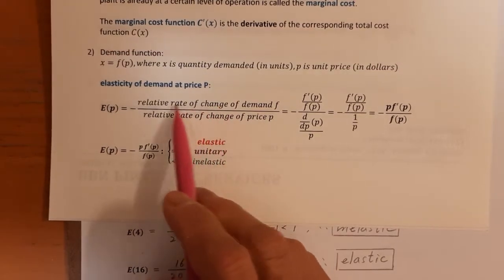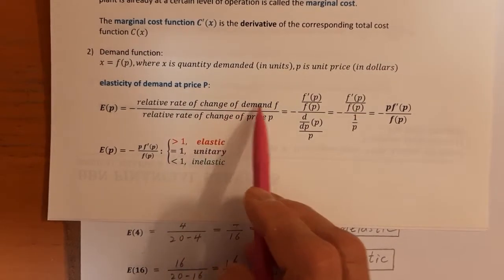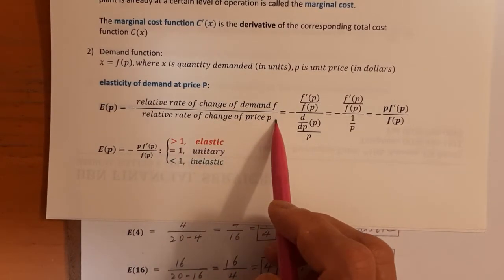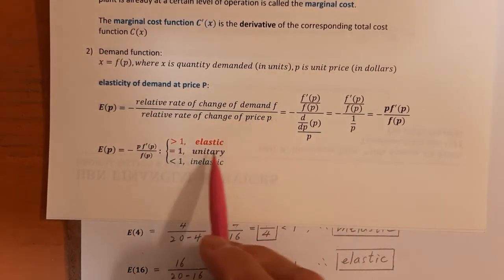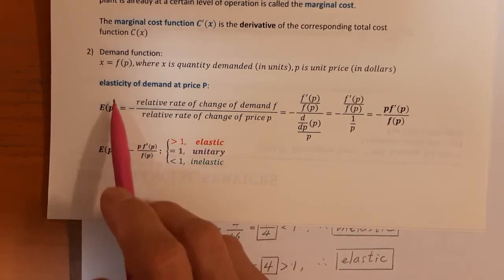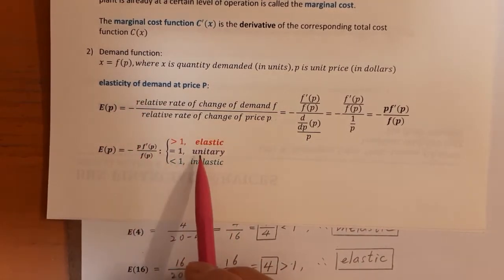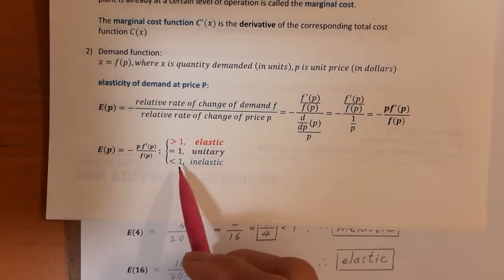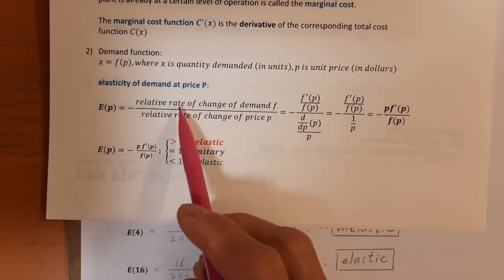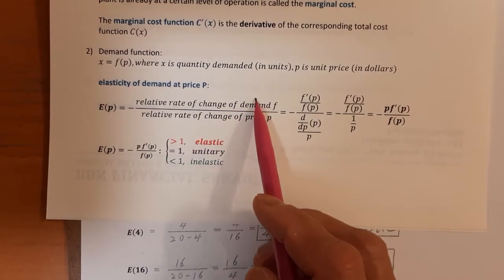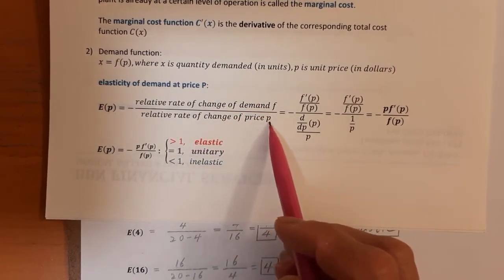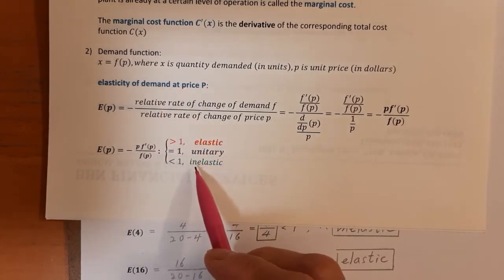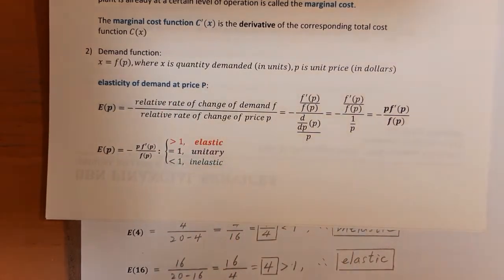If they are equal, that means the relative rate of change of demand equals the relative rate of change of the price, then the elasticity of demand is unitary. If less than 1, that means the relative rate of change of demand is less than the relative rate of change of the price, then the demand is inelastic.